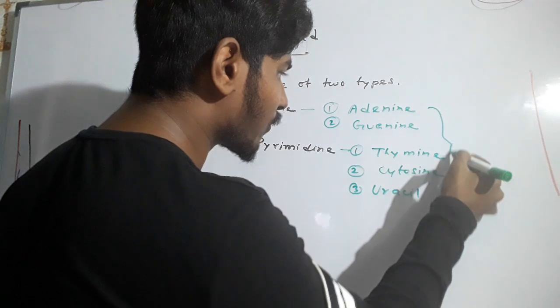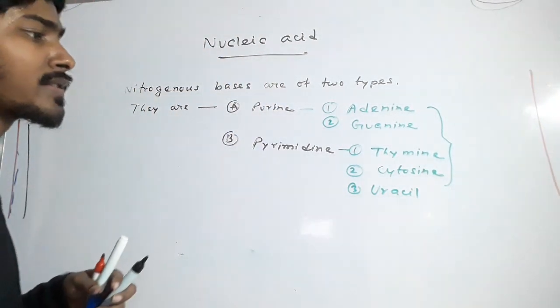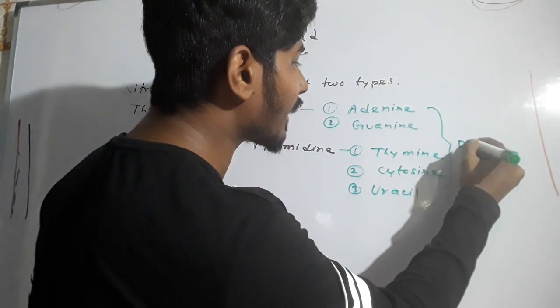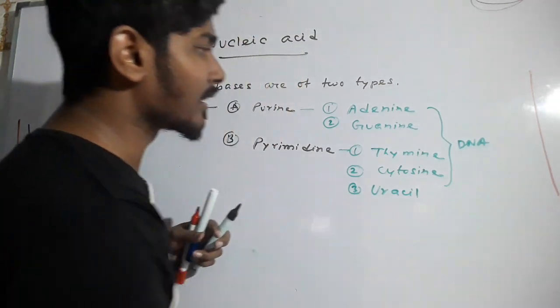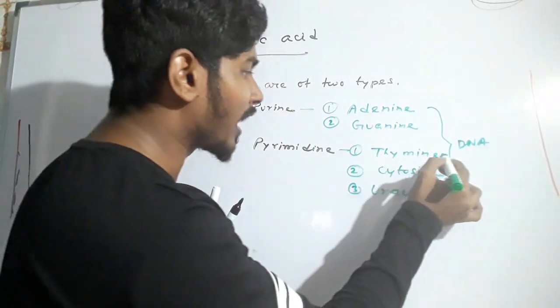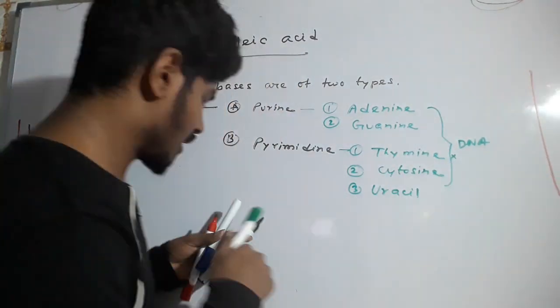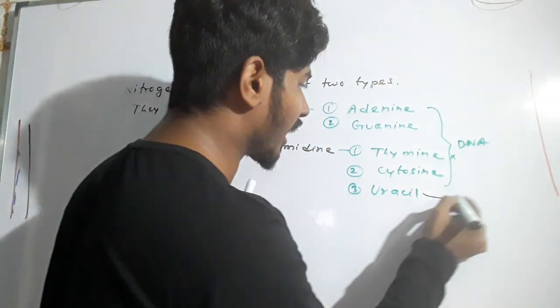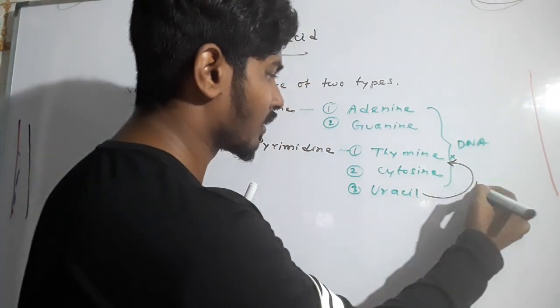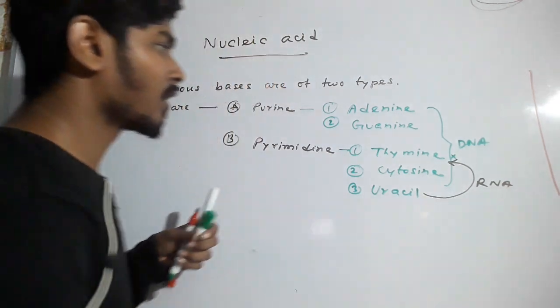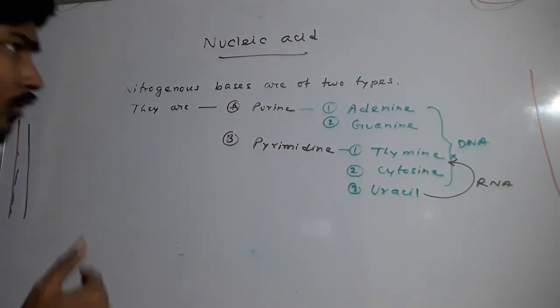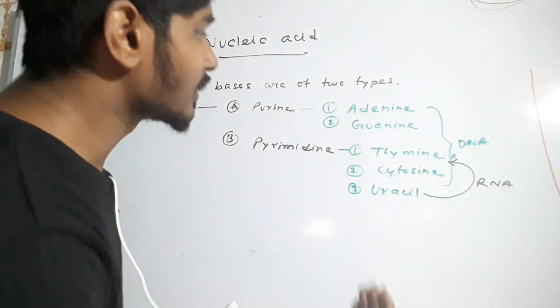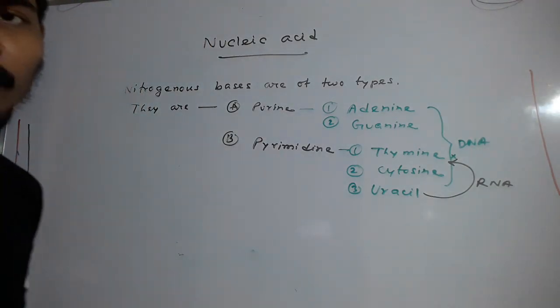The first 4 nitrogenous bases are found in DNA, whereas in RNA thymine is not present. Instead of thymine we have uracil. Now we will draw the structures of these nitrogenous bases one by one.